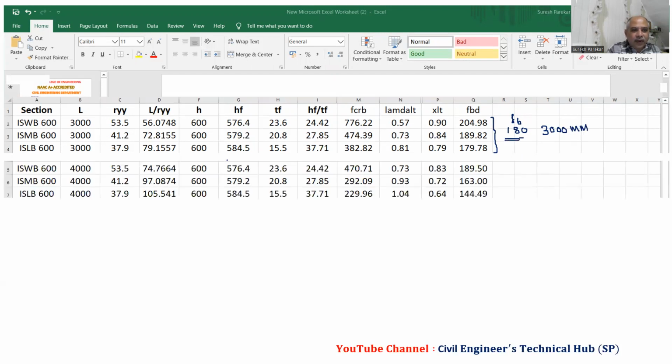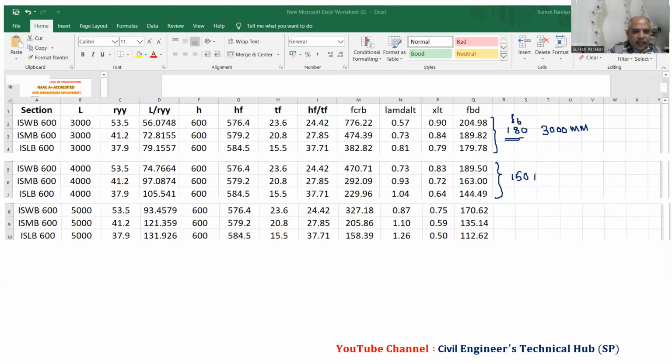Now I have increased the span to 4000, and you can see this value. Here I can say this value is 150 to 160. So I will say FBD is 150 when the span is 4000. If I go to a higher span, I can go to a value around 130. But if you are considering ISLB sections, then you have to go on the lower side.